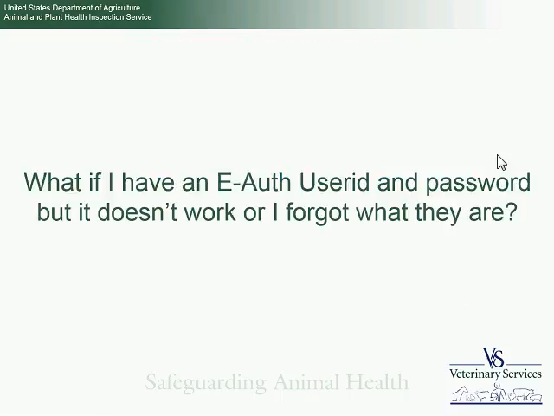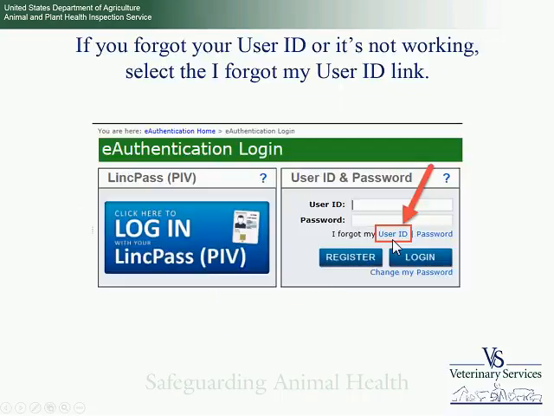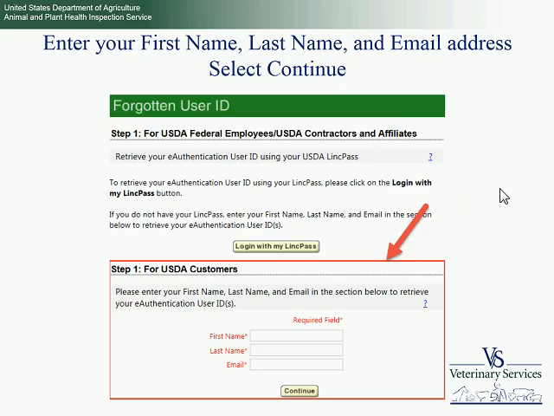If you have a user ID and password but it doesn't work, or you forgot what they are, you can go to the VSPS site and click on Login, and then at the user ID and password screen, you can click on I forgot my user ID if you forgot that. And it will ask you to fill out some information.